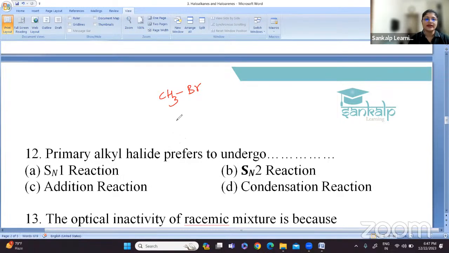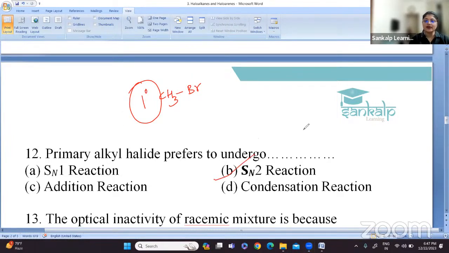Remember the reactivity. Read the options properly. Vedvati and Nikita have answered it right. So it is SN2.